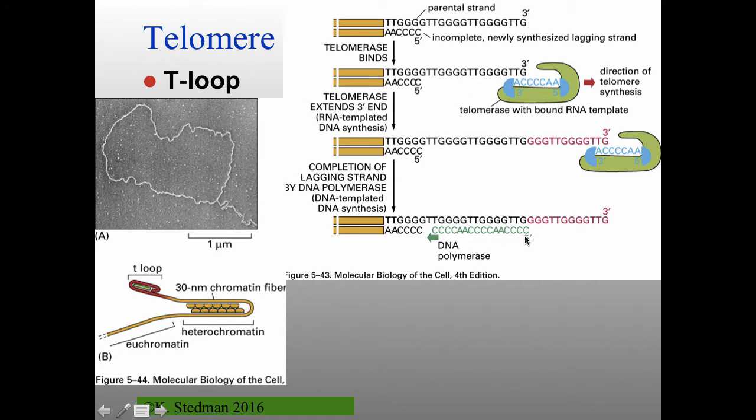So here, this DNA polymerase would have extended from a primer over here. So the primers are missing on here. All of the red is DNA, which is made by the telomerase. Green is made by pol alpha. So there's no RNA on here.